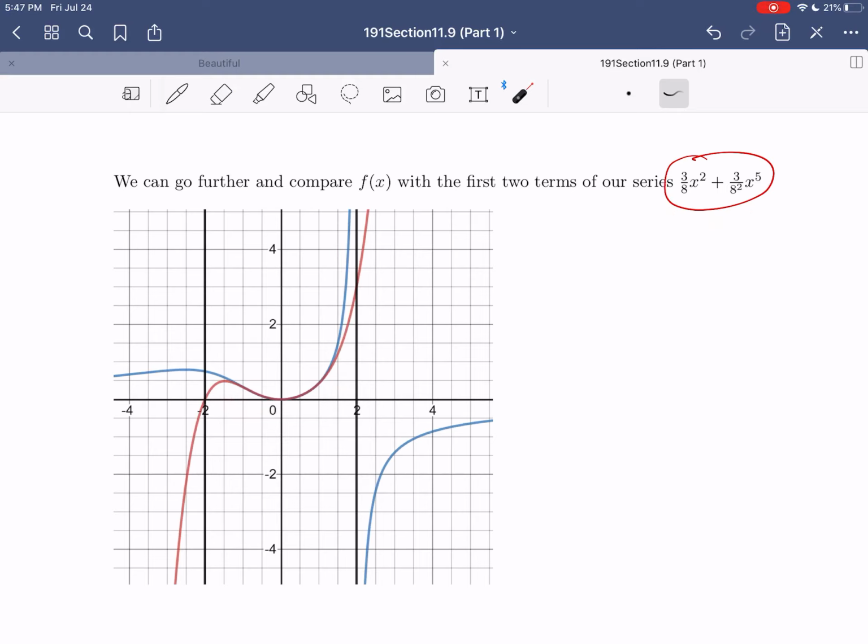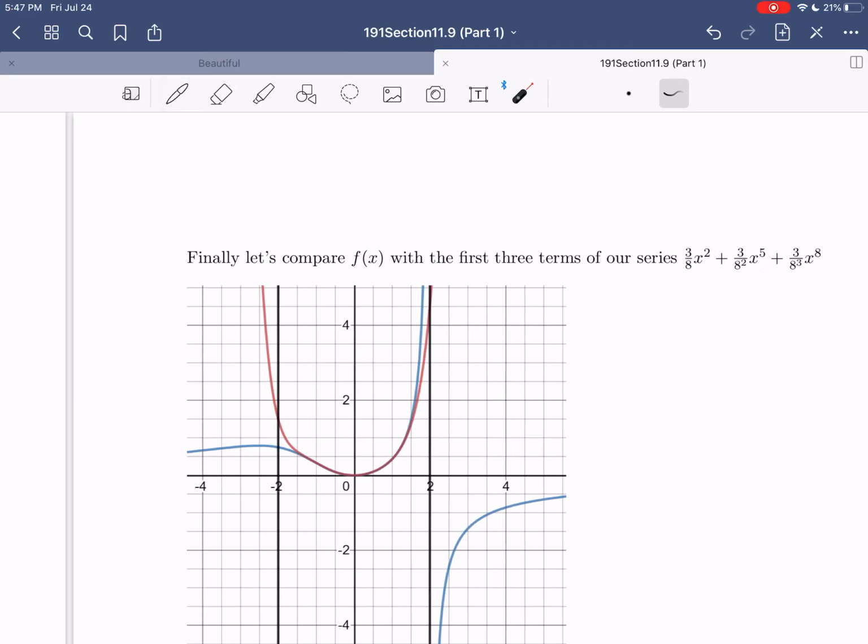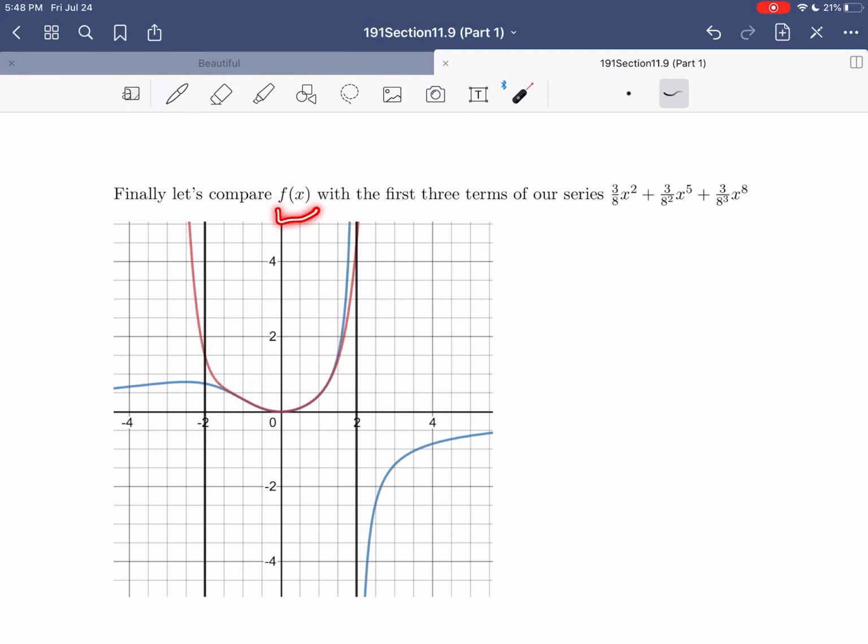All right, let's go one step further and compare f of x with the first three terms. So now we're going to compare f of x with the polynomial that's the first three terms, 3 over 8 x squared, 3 over 8 squared x to the fifth, 3 over 8 cubed x to the eighth. So there it is in red again. So this is again graphed in red.